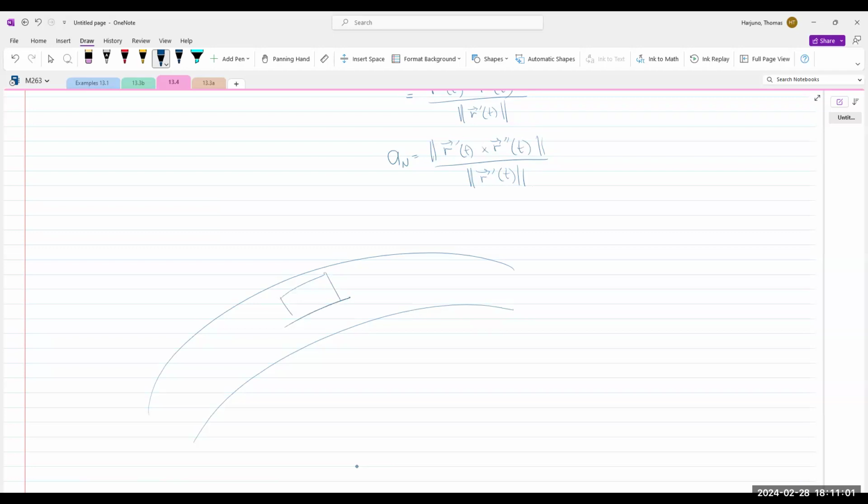Now imagine if that person is actually traveling at the speed of 65 miles per hour on that loop, on that turning, on that junction.